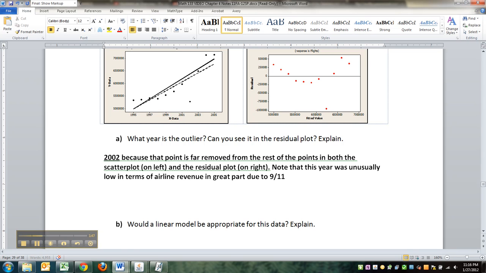The reason being 9/11 2001, right? It's towards the end of that year, so people that had flights up until that time still managed to pay the airlines. But 2002, I mean, airlines just couldn't get people to take big trips, especially to foreign countries and such, for a variety of obvious reasons.